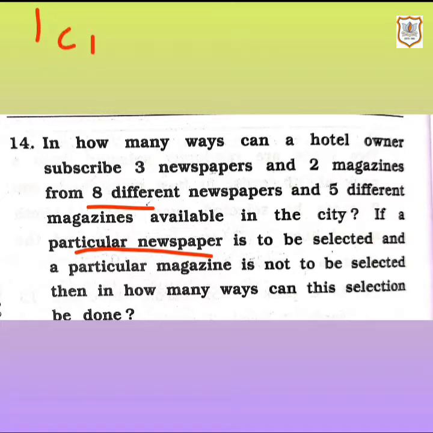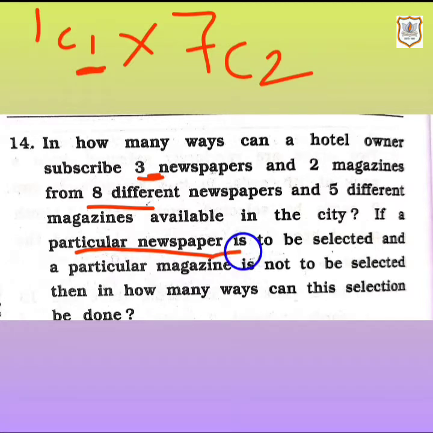So remaining there will be 7 newspapers. How many newspapers we have to select? 3. So 1 is already selected, remaining 7, and we have to select total 3. That means 2 more will be selected. So it will be 1C1 into 7C2.